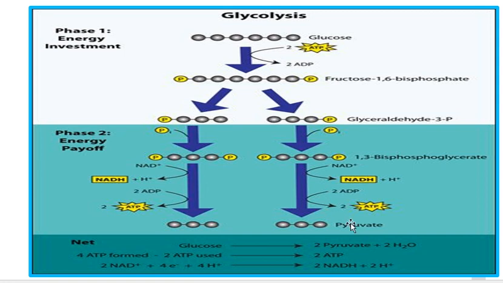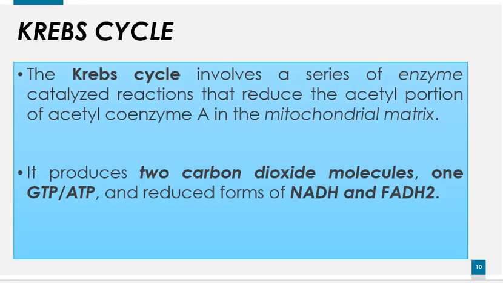So the pyruvate will then enter the Krebs cycle. But again, before it enters the Krebs cycle, there is a process it undergoes. So let us define first what the Krebs cycle is. So the Krebs cycle or citric acid cycle involves a series of enzymes. What are enzymes? A special type of proteins that speed up or catalyze reactions.